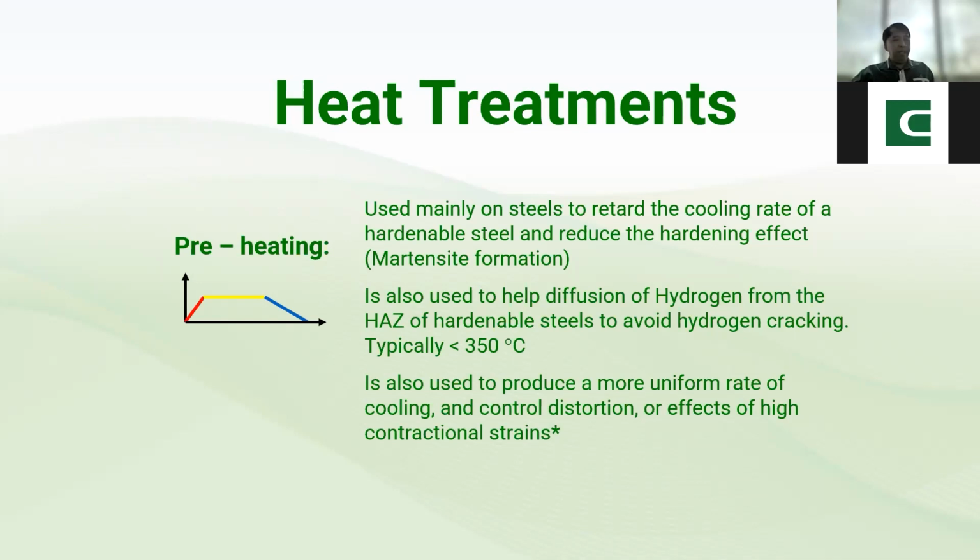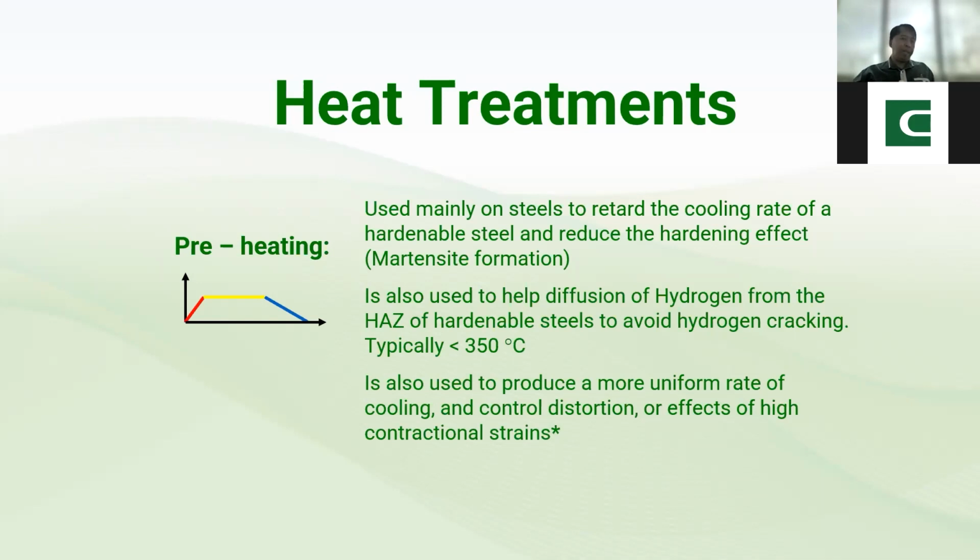So, ang preheating rin is helping diffuse hydrogen. Ito yung pinaliliwanag ko kanina na binibake out natin yung hydrogen para lumabas sa welding, hindi matrap sa loob ng ating weldment at saka heat affected zone. So maiwasan dyan yung cold cracking or hydrogen induced cracking or HIC.